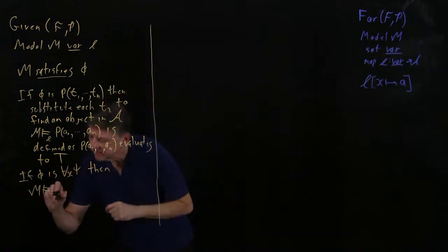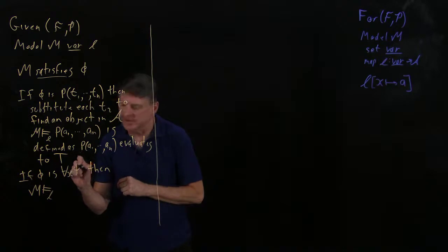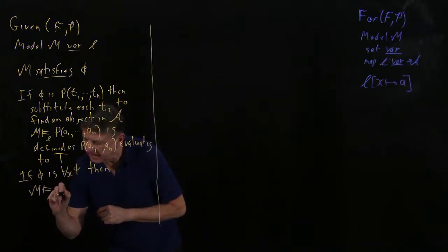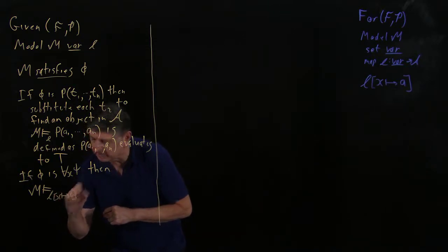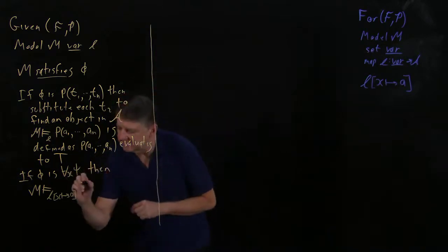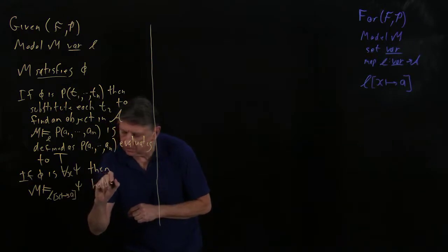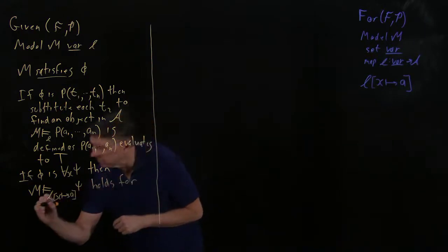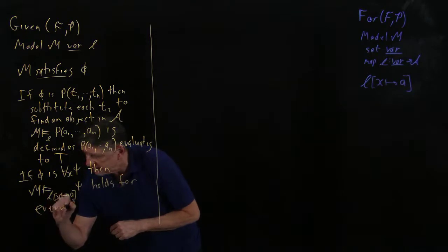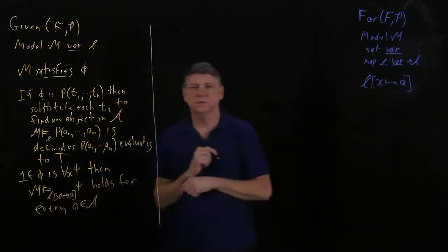We'll say, let's take this variable x, whatever it is, and map x to some A in the set, and say that psi holds for every A that is in the universe of discourse.